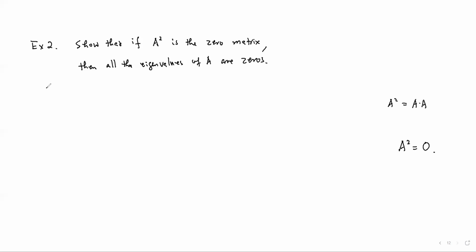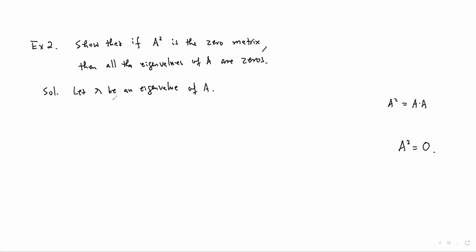Let me arbitrarily pick an eigenvalue of matrix A. Let lambda be an eigenvalue of matrix A. I will show that lambda must be zero.